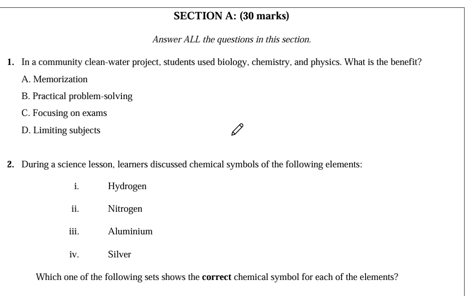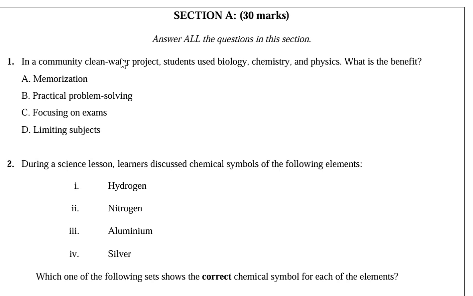So to start with, here we have the first question, which reads: in a community clean water project, students used biology, chemistry, and physics. What is the benefit? Part A, memorization. Part B, practical problem solving. Part C, focusing on exams.